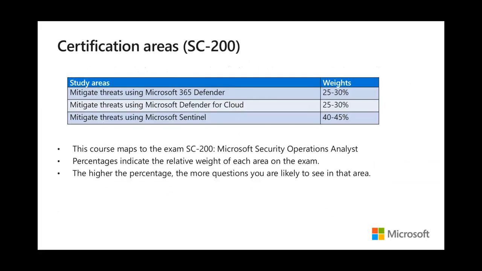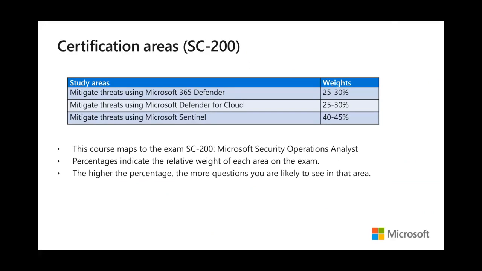The first one is mitigating threats using Microsoft 365 Defender, and the weight associated is between 25 to 30%. The percentage indicates the relative weight of each area on the exam. The higher the percentage, the more questions we are likely to see in that area. So 25 to 30% of the questions on the exam will come from study area number 1, which is mitigate threats using Microsoft 365 Defender.